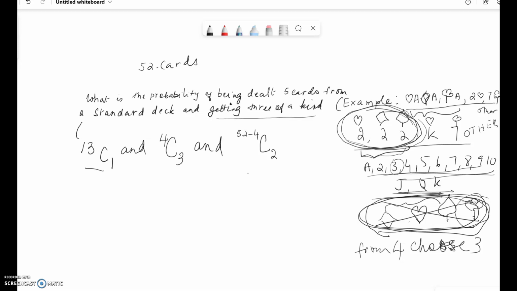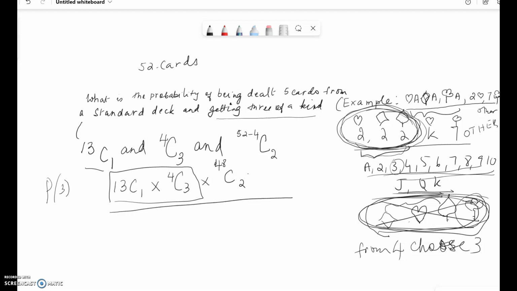Okay, so we have 13 choose 1, and that's multiplication, 4 choose 3, and 48 choose 2, from 48 we choose 2 to get the other 2 cards. So the first 2 numbers are for picking the 3 of a kind. Okay, now these are the different possibilities in which we can get 3 of a kind. What's the probability of getting a 3 of a kind?